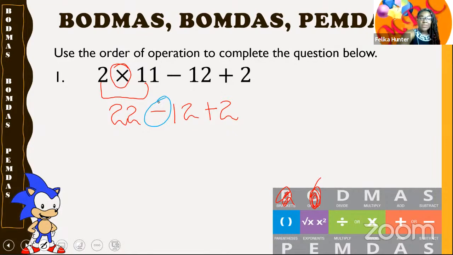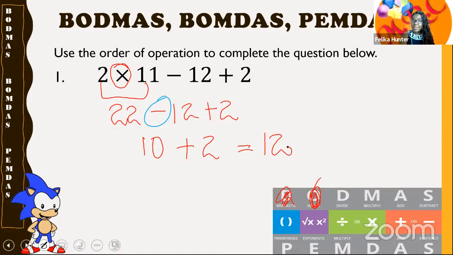So let's go ahead and subtract 22 minus 12, and that gives us 10. All right, so that gives us 10, and we have 10 plus 2, and that gives us 12. All right, so there goes our solution for the first question.